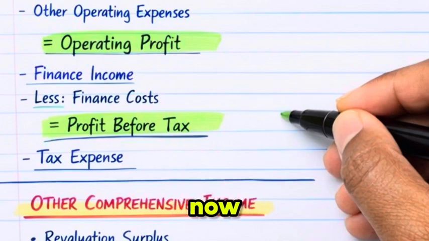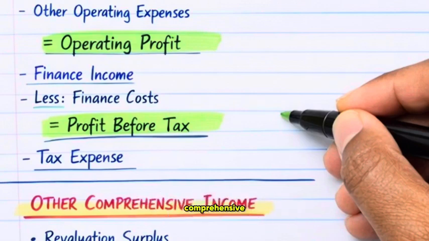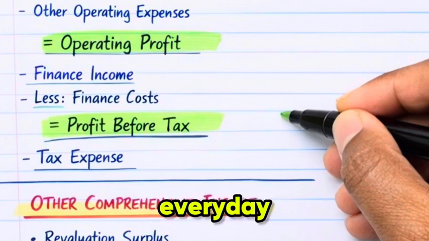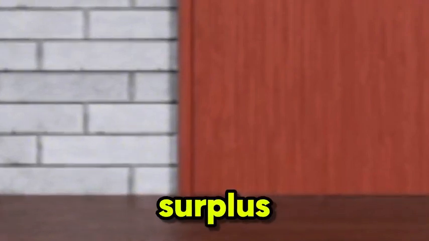Good. Now, when you get to the profit after tax, you are not done yet. You move ahead to other comprehensive income. Now, other comprehensive income includes those items that are not in the profit or loss. They are not your everyday activities, not in the main course of your business, like revaluation surplus.